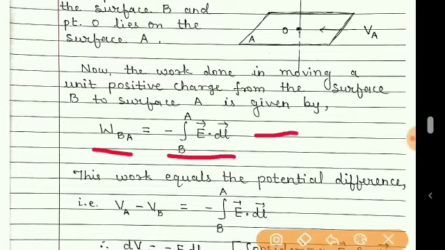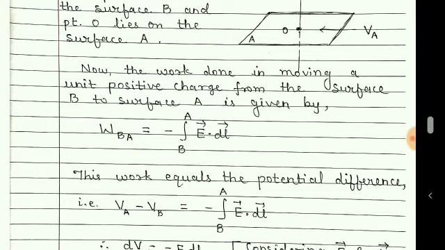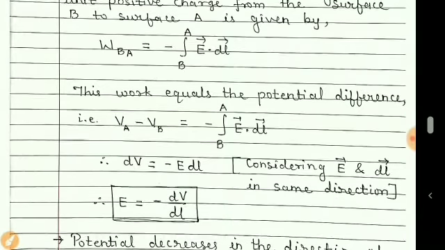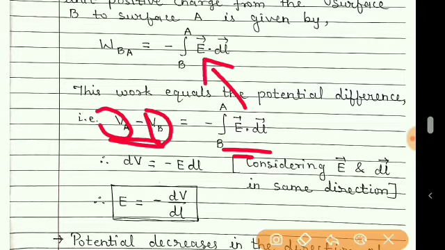Students, this is not a new formula. We have already studied this. This work done on a unit charge is nothing but the potential difference between points A and B, and hence VA minus VB is equal to this, which is the same as the work done on a unit charge.